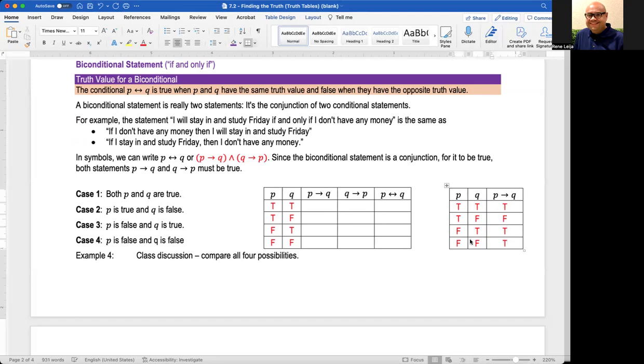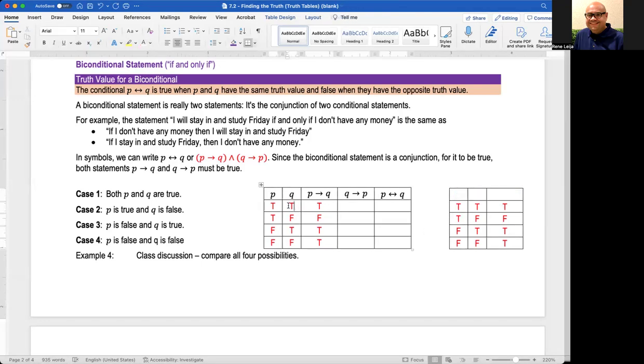Okay. So now let's look at this. So P then Q. Well, that's just what we did. So that means this is going to be true, false, true, true. Now I need to answer if Q then P. So if true then true, let me hide this for just a second. Okay.